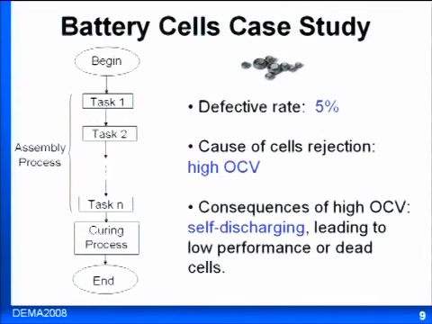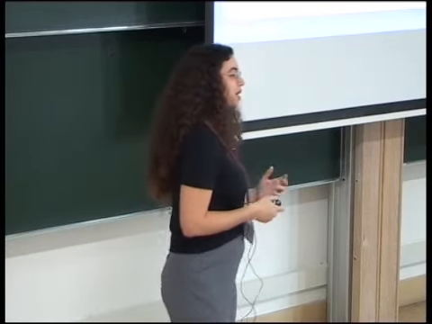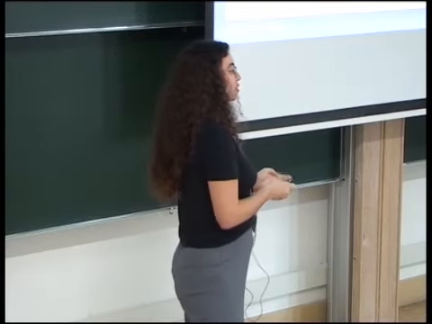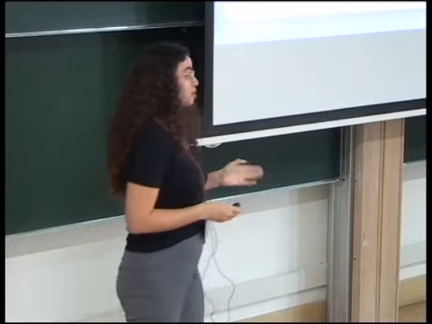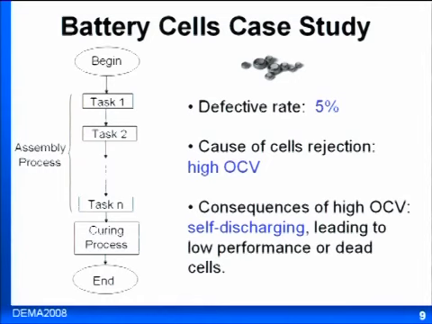At that time, they had around 5% of rejections, and the cause of this rejection is high OCV. The consequence of this high OCV is that the batteries are self-discharging. So when the customer goes to buy the battery, it's already completely dead, or will only last for a while. It's pretty bad for the company to put those batteries on the market.